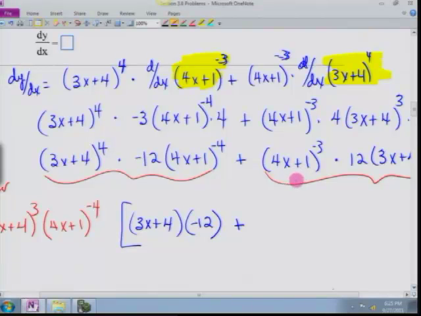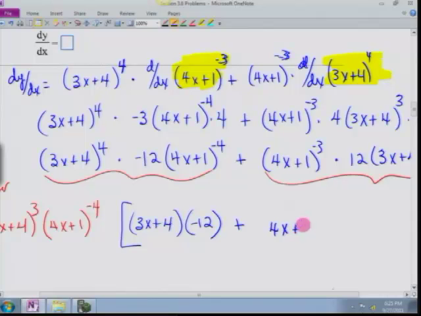Because it goes to a positive. If you're taking this out, it's like you're dividing. So you have 4x plus 1 to the negative 3 minus a negative 4. Does that make sense? So that's 4 minus 3, which is 1. So it's 4x plus 1.